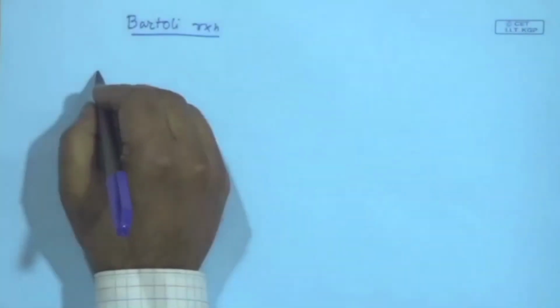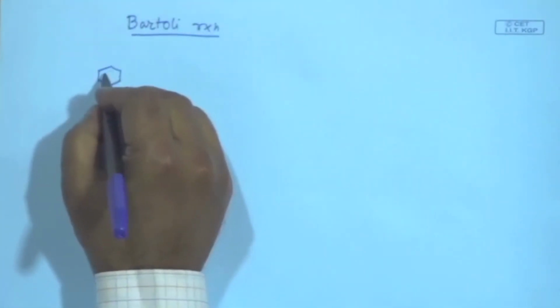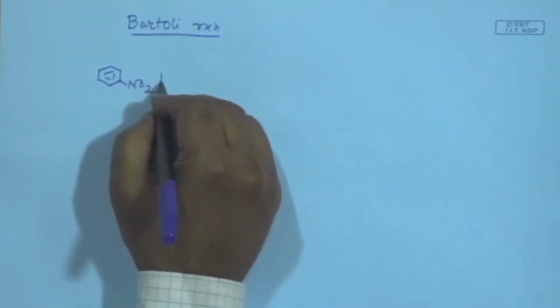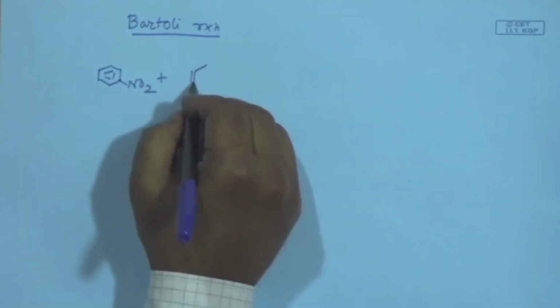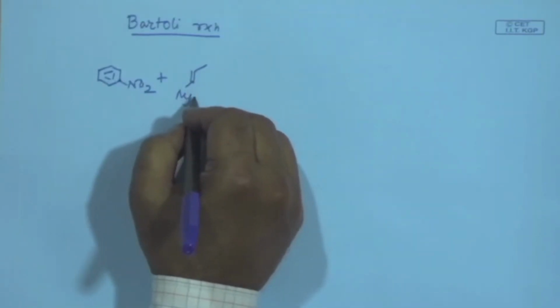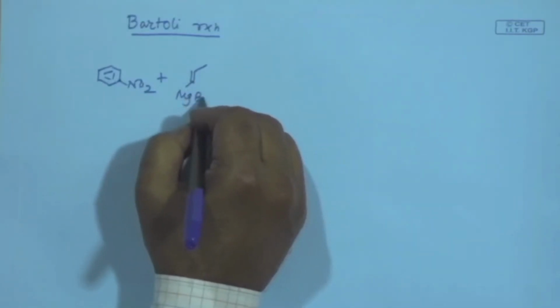If you recall, you have to identify the starting materials. The starting material is nitrobenzene and the other portion is vinyl magnesium bromide.